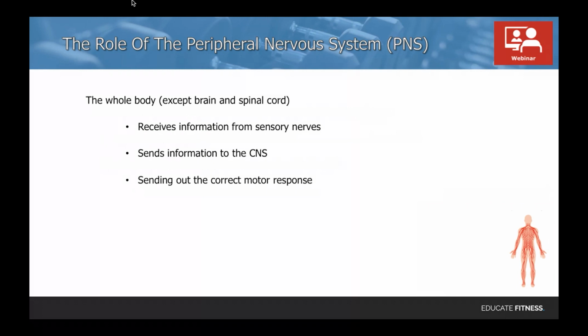The peripheral nervous system, so remember, if you look on the bottom right of the picture, these are all the other nerves in the whole body that are not part of the brain and the spinal cord. The peripheral nervous system receives information from sensory nerves. Sensory nerves will give you information from stimuli, both inside the body and outside the body.